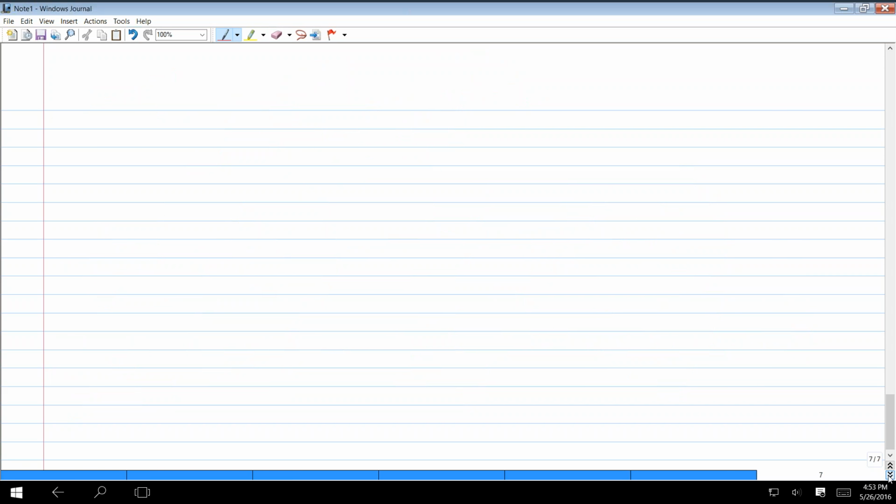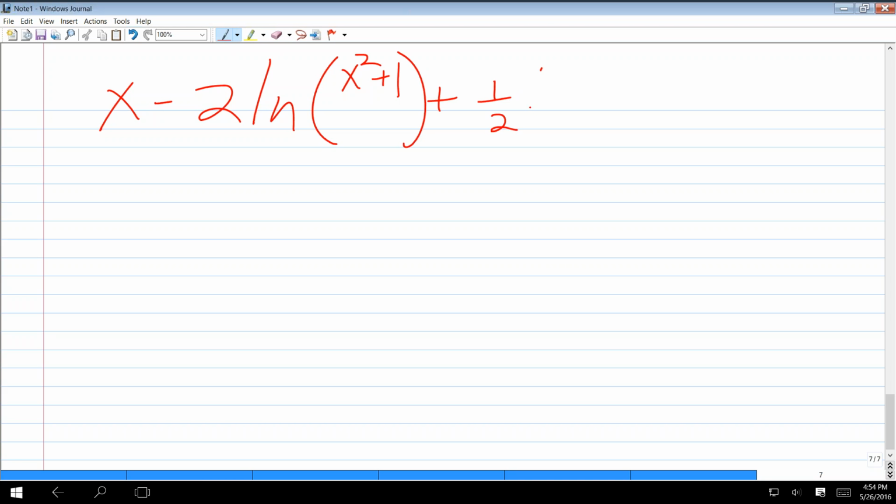x minus 2 natural log of the quantity x squared plus 1 plus 1/2 natural log of the quantity 3 minus x to the 4th.